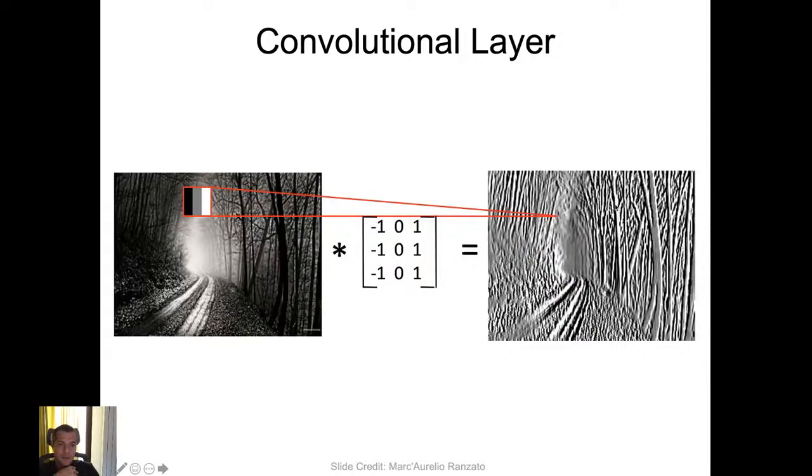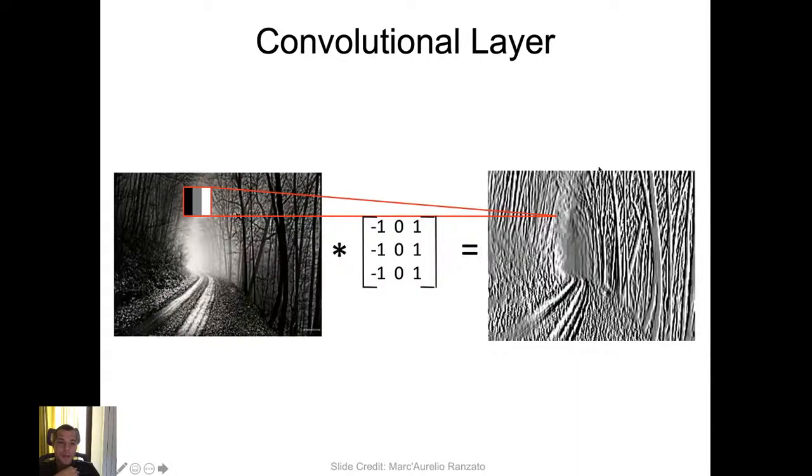Okay, so usually where we have vertical bars, we have high responses. And for example here we have some fog, so there are no vertical gradients here, so this gives us a low response.